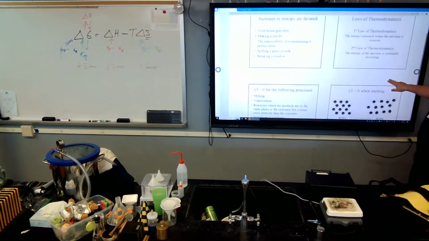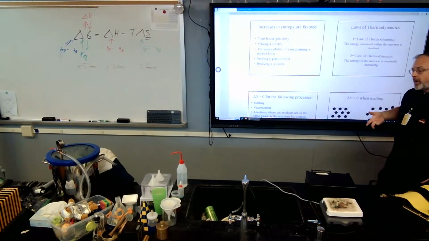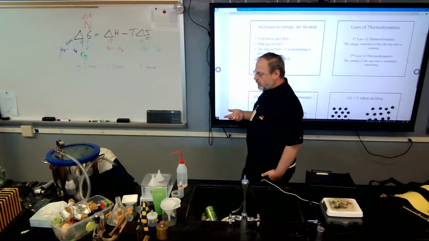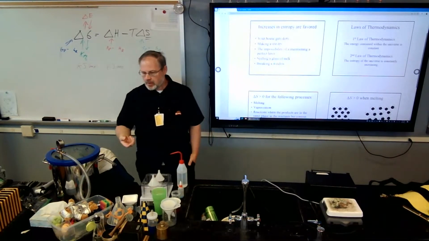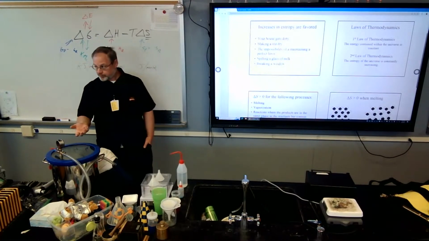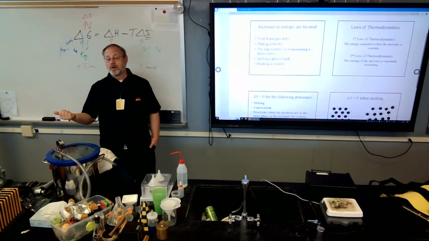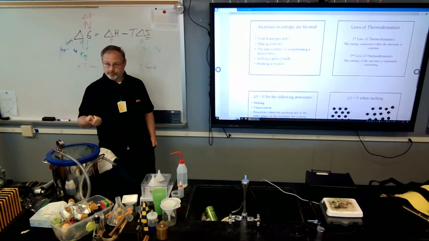By the way, again, a law is not something you can't break. A law is a description of natural phenomena. And what we find is the entropy of the universe is constantly increasing. Practically what that means is if your refrigerator drops the energy inside the refrigerator by 100 joules, it's going to increase the energy outside the refrigerator by 100 plus N joules.